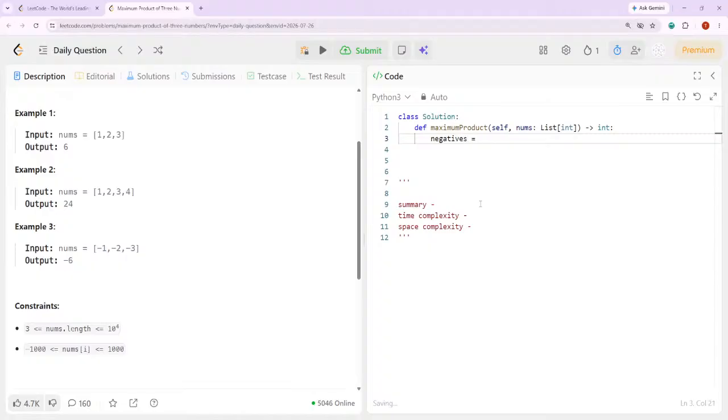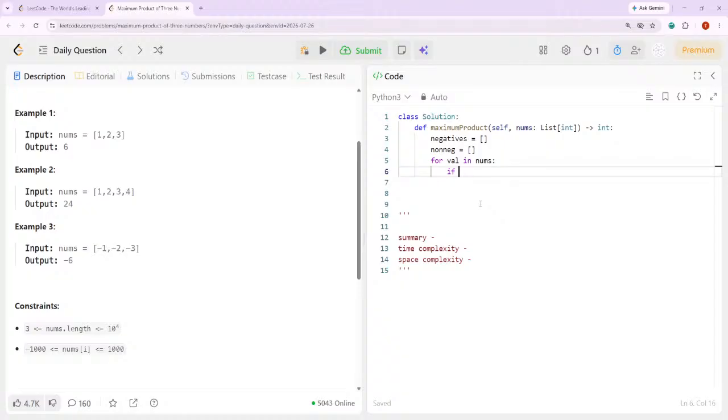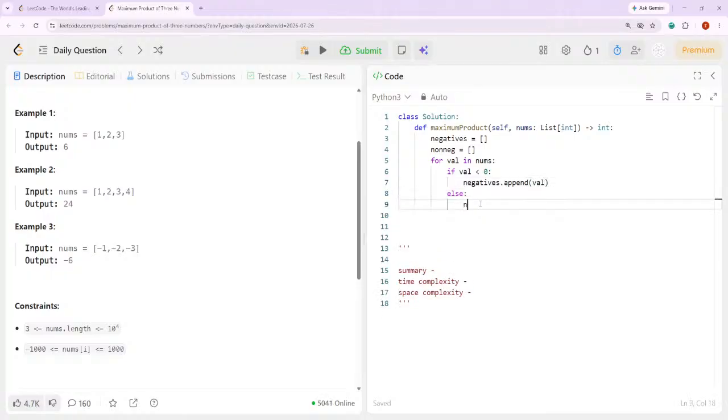So let's say a negative and a non-negative, for every value in nums. If that value is less than, I wonder if a list comprehension would actually be better than this. It's fine, I guess. If value is less than 0, then negatives appends that value. Else, non-negative appends the value.